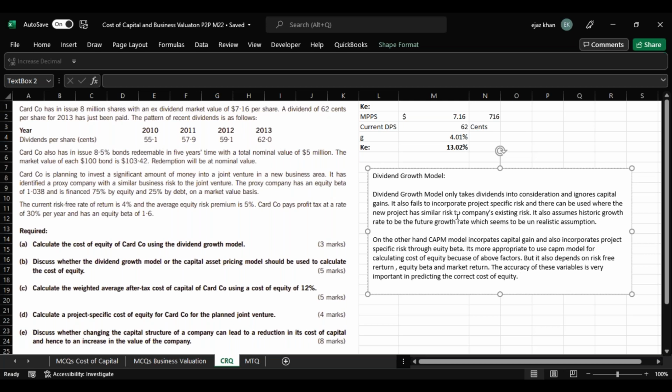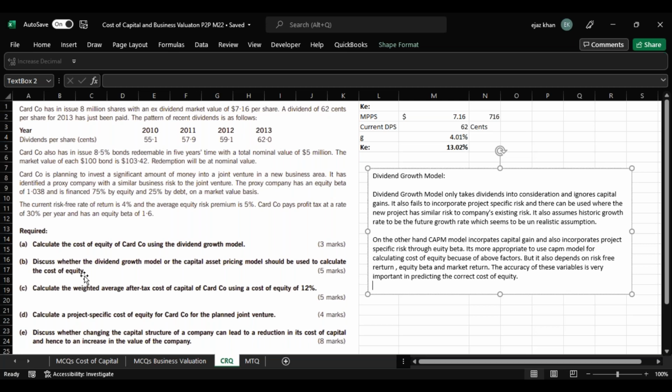That's it. So basically, when you get this type of comparison or discussion, it's actually a comparison of the two models. When you're comparing the two models, you are supposed to write their limitations. And if it's a discussion, it should indicate towards a relatively better model.